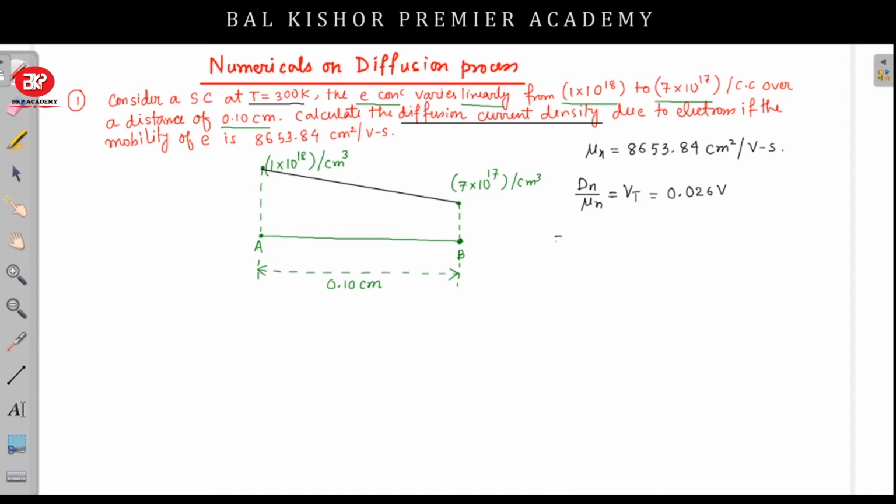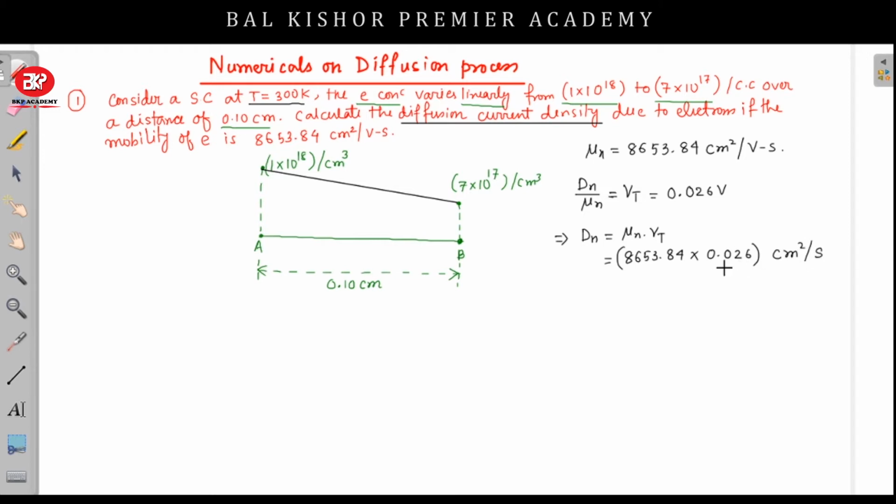From this equation, if we want to find the value of Dn, the Dn value will be mu n into Vt. The value of mu n is 8653.84 into Vt, where Vt equals 0.026 volt. So we will have a value of Dn, and its unit will be centimeter square per second.